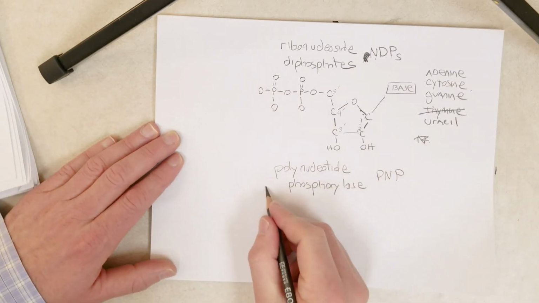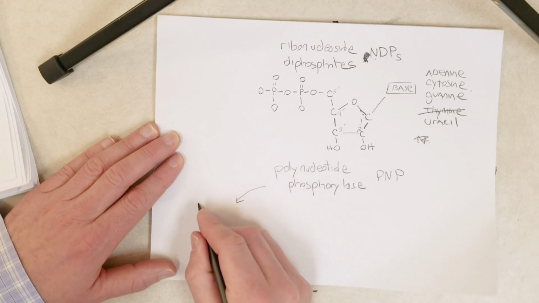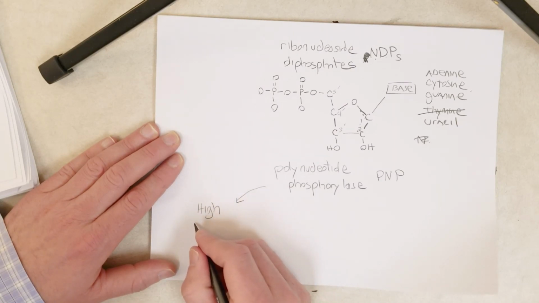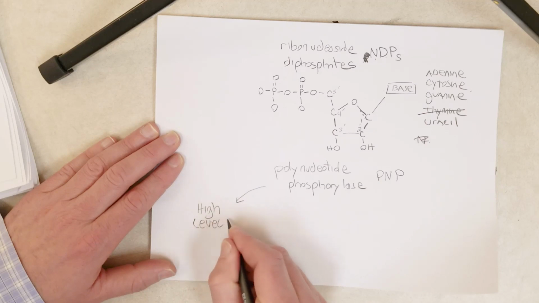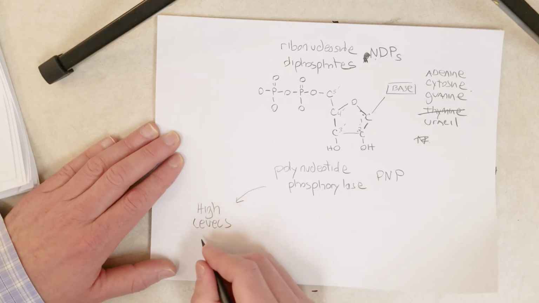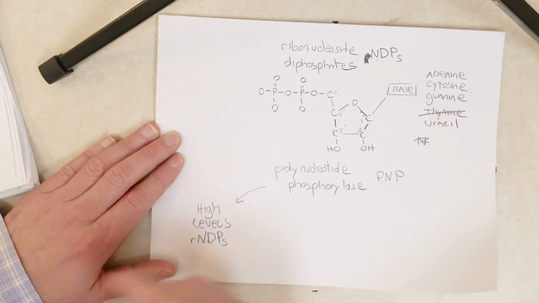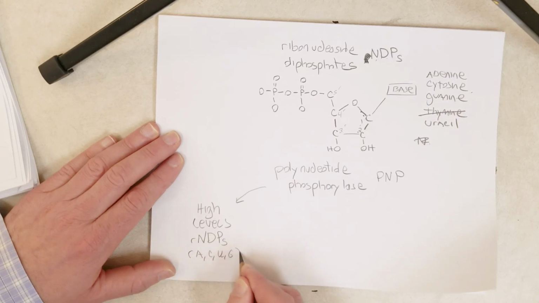Now what this enzyme can do is, if you put the enzyme in a test tube with high levels, unnaturally high levels of NDPs, levels that you wouldn't see in a cell, of A, C, U, and G NDPs. A meaning adenine, C cytosine, uracil, guanine.